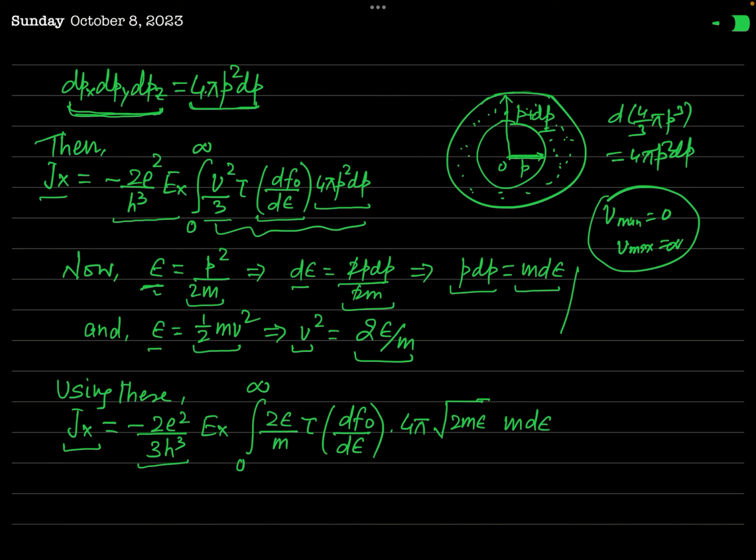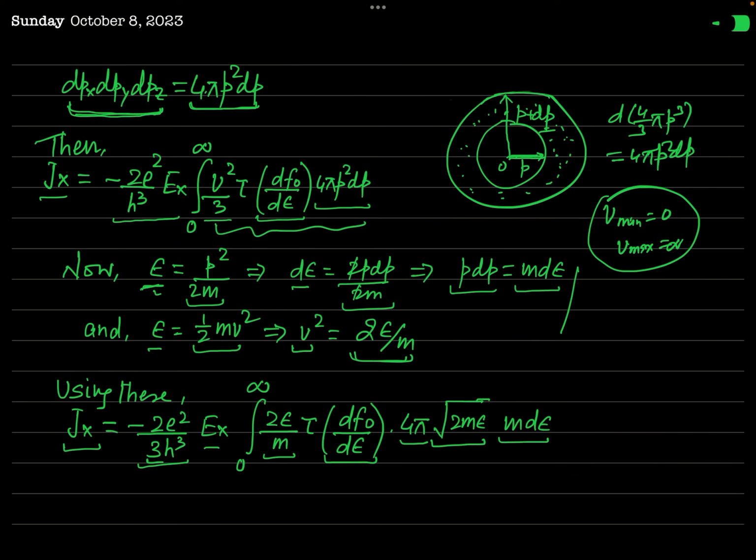This is minus 2e square over 3h cube times Ex, integral 0 to infinity, 2 epsilon over m, instead of v square. Okay, and this factor 3 has been written outside, you can see, times tau, and this is at each, and 4 pi p, and instead of p I have written the square root of 2m epsilon, and p dp.